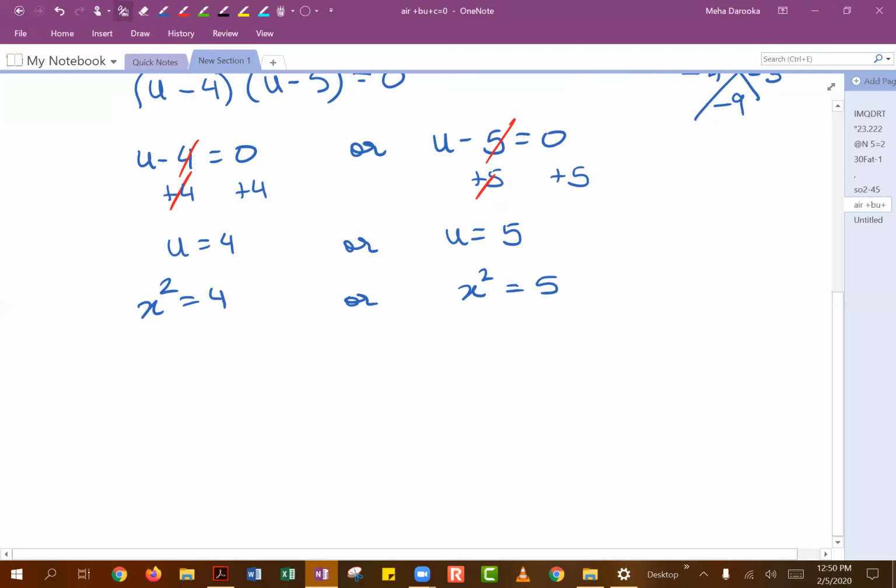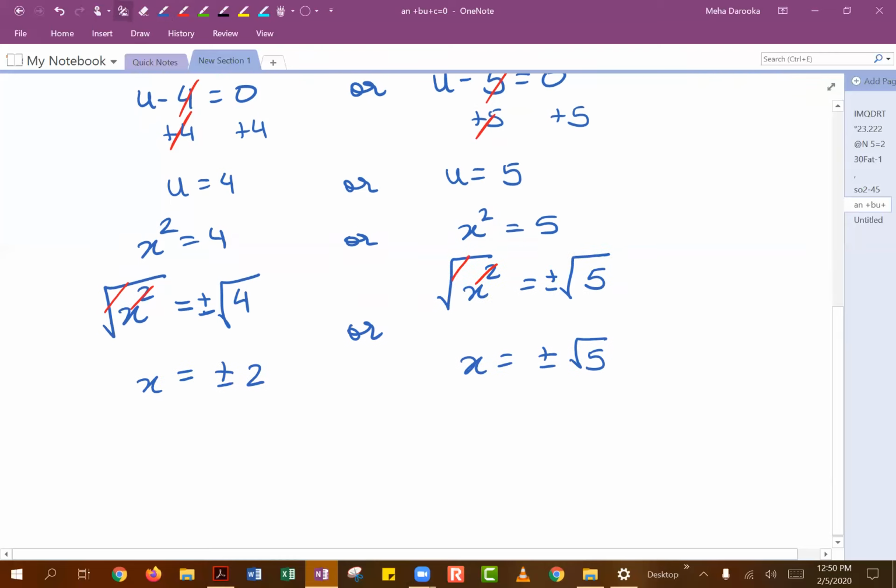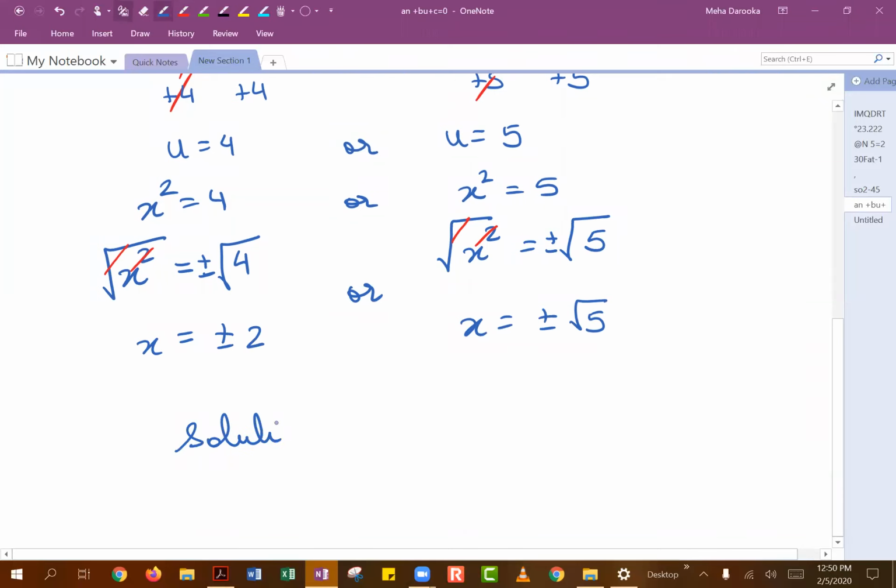Because you're still doing x squared, which means you take the square root to get rid of that square, and from that square root you get a positive and a negative. So x equals plus or minus 2. That's 2 answers from there. And then, of course, same thing with the 5, taking a square root, plus or minus. So you will have your 4 answers in this case.